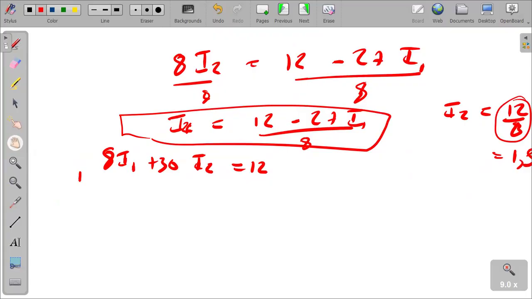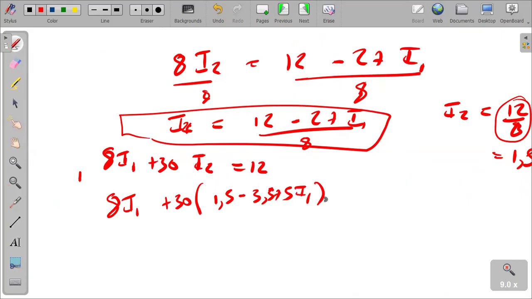Right, so we can now substitute directly into our equation, and that will give us 8 I1 plus 30 times (1.5 minus 3.375 I1) is equal to 12.